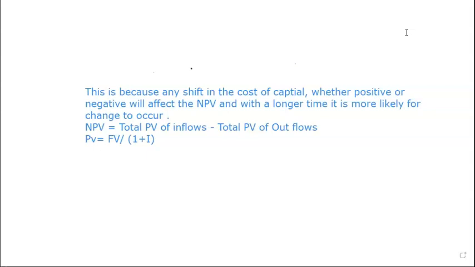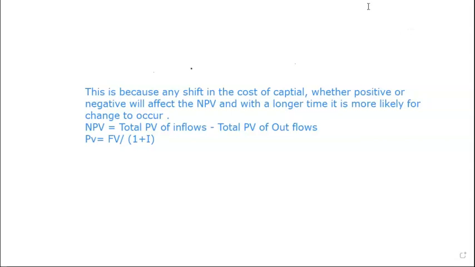We'll be doing tutorial sheet 8, question 1, and the question says, explain why the NPV of a relatively long-term project with a high percentage of its cash flows expected in the future is more sensitive to change in the cost of capital than the NPV of a short-term project. From our discussion, it's mainly because any shift in the cost of capital, positive or negative, normally affects the NPV, and with a longer time, it is more likely for the change to occur.